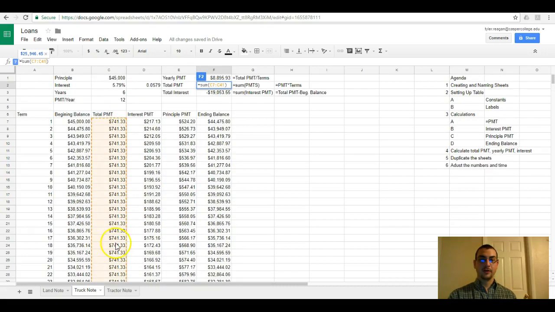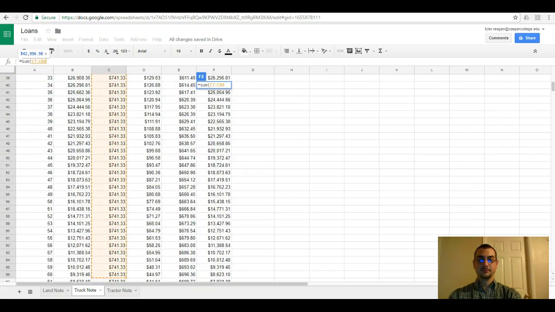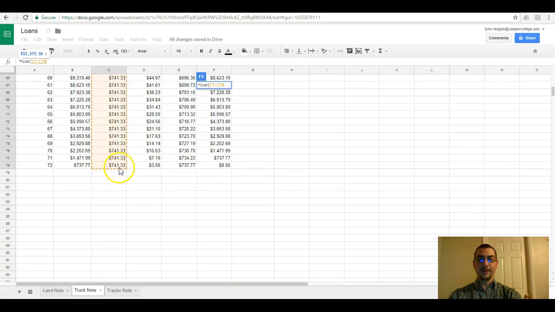So in order to correct that, you delete the whole thing and say equals sum, open parenthesis, and highlight everything going down again. Because we want to include all of the payments on that particular vehicle, since this is the sum of the total payments.